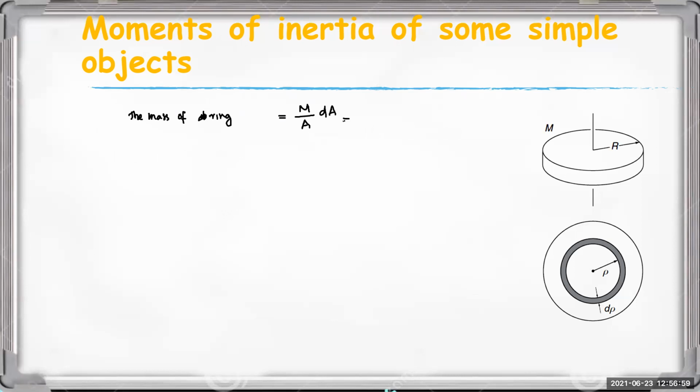Then it is equal to m by A into dA, and dA is 2 pi rho d rho. Let the mass of the small ring be dm.